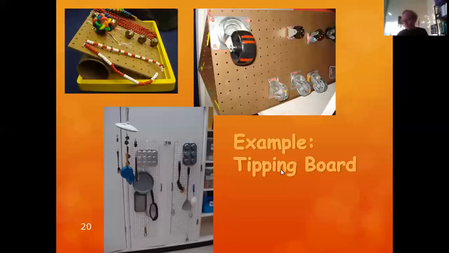We're going to talk a little bit too about vests in a minute, because we have some kids that aren't as comfortable with going beyond their bodies. So we're going to talk about the vest thing in a second. This next one is an example of a tipping board. If you'll look at the ones on the bottom left side, there are a lot of kitchen objects suspended on those tipping boards.